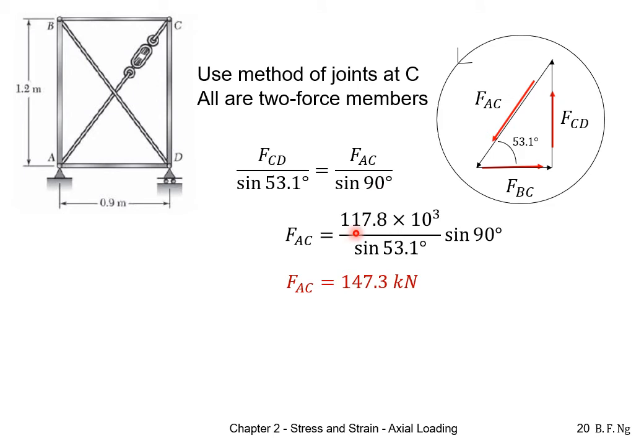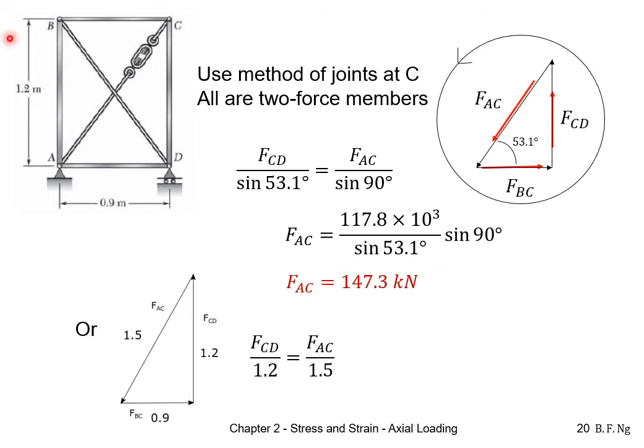From here, we are able to solve and get FAC equals 147.3 kilonewtons. Alternatively, we can also use the ratio of the lengths to solve for FAC, which is the same as the sine rule.